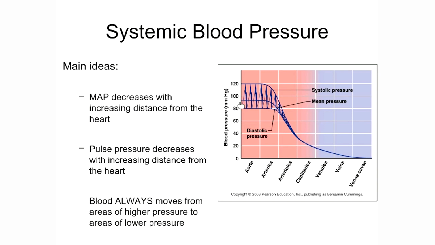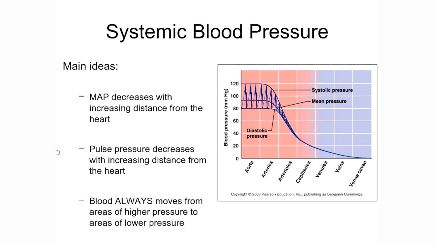Another thing that I want you to focus on is this idea that blood is always moving from areas of higher pressure to areas of lower pressure. So we'll focus just on the MAP here. And you'll notice that as blood moves away from the heart, the mean arterial pressure, the average pressure, declines. So our pressure is highest in the arteries and it's lowest in the veins. It's actually lower in the veins than it is in the capillaries.